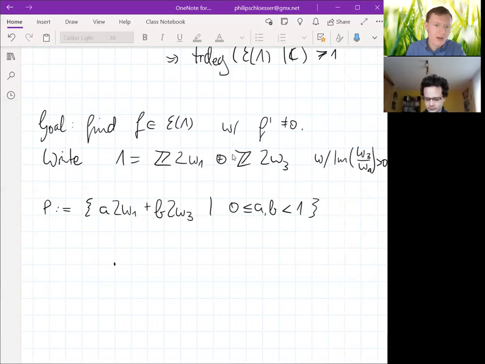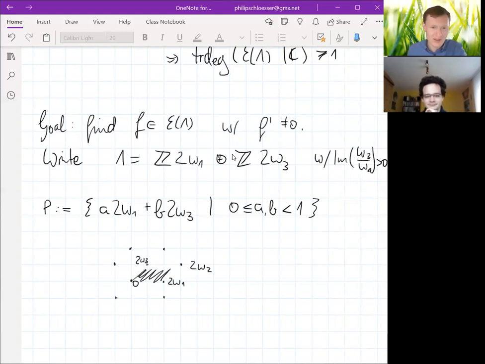So if we have the lattice here, I guess this is 0, this is 2 omega 3, this is 2 omega 1, and then here we have 2 omega 2. Well, I'm going to define that a bit later.